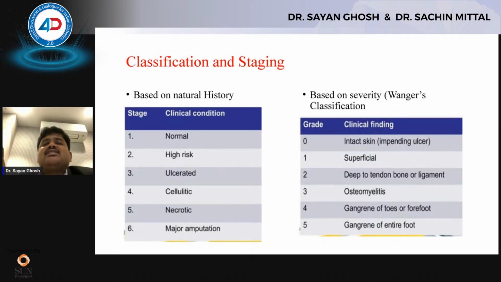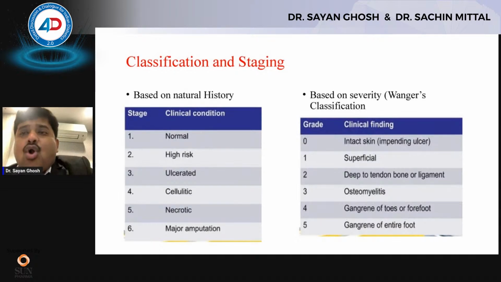Ultimately there is a formation of corn or callus at the pressure point. We know that when there is more pressure exertion in the sole, there is formation of corn or callus. This callus grows, increasing in size, forming a large corn, and surrounding the corn there is a high chance of ulcer formation.